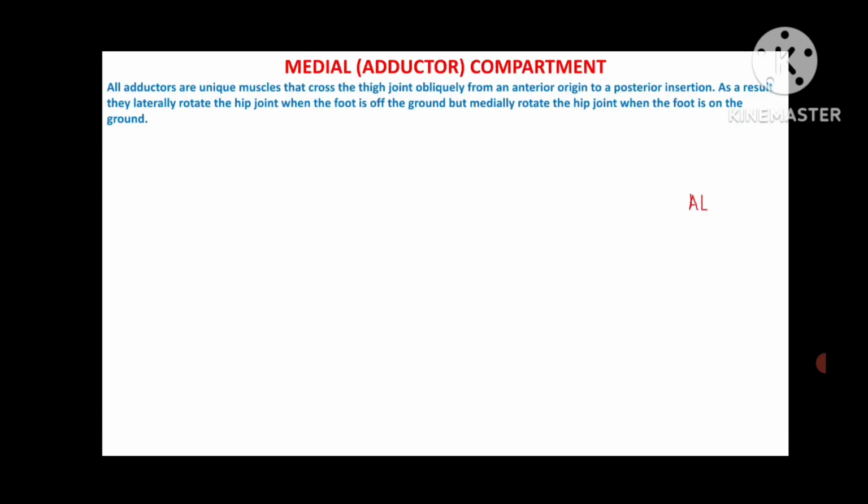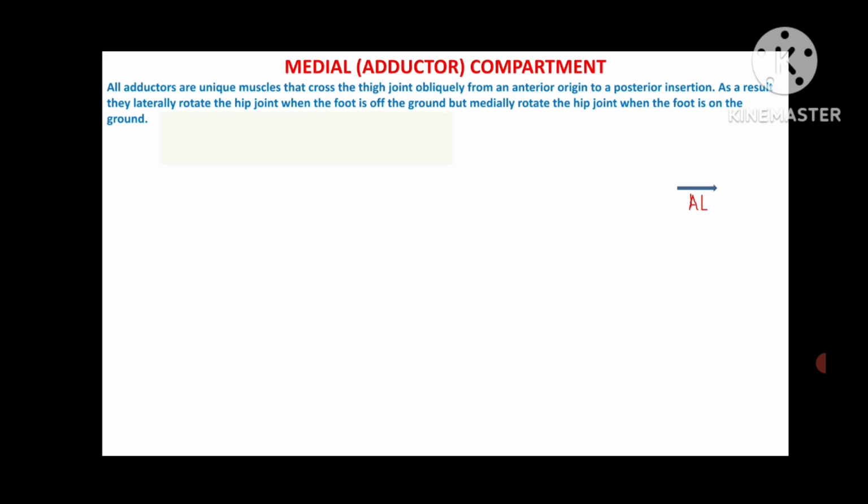Now coming to the medial compartment, also known as the adductor compartment. All adductors are unique muscles that cross the hip joint obliquely from anterior origin to posterior insertion. As a result, they laterally rotate the hip joint when the foot is off the ground, but medially rotate the hip joint when the foot is on the ground.